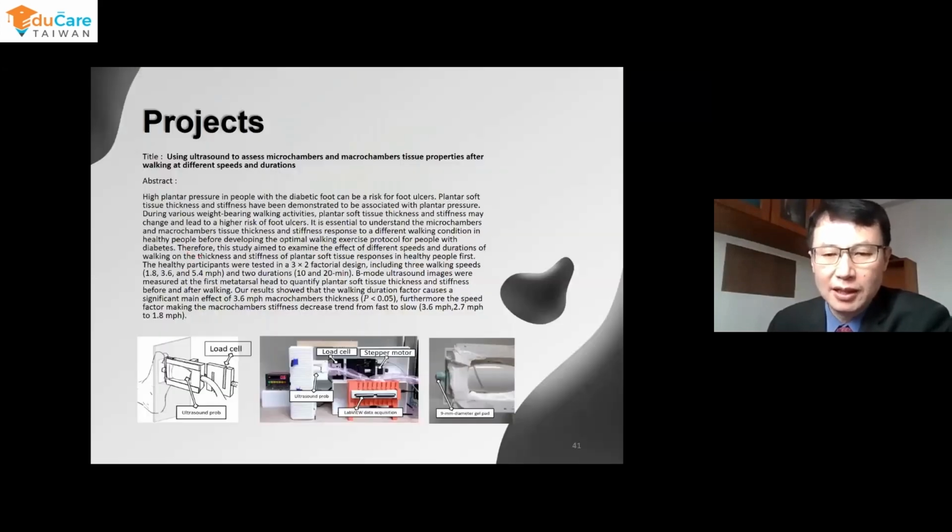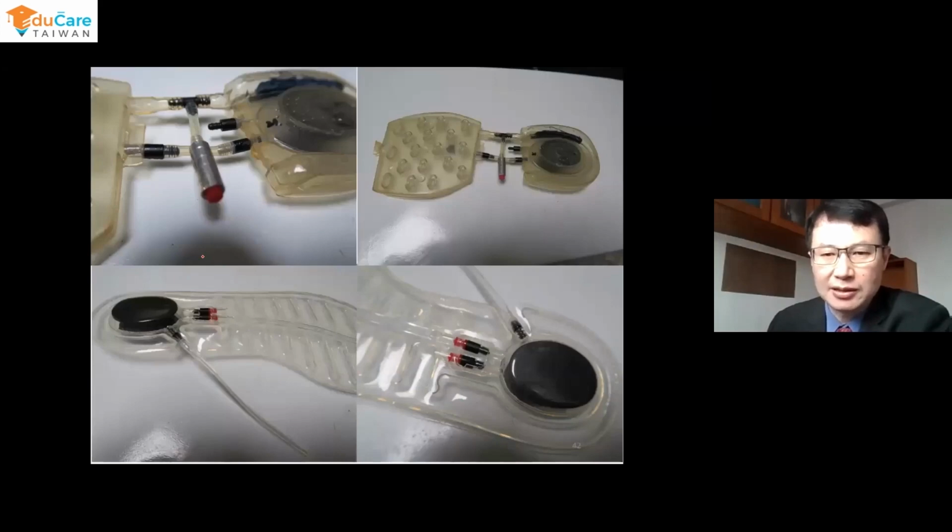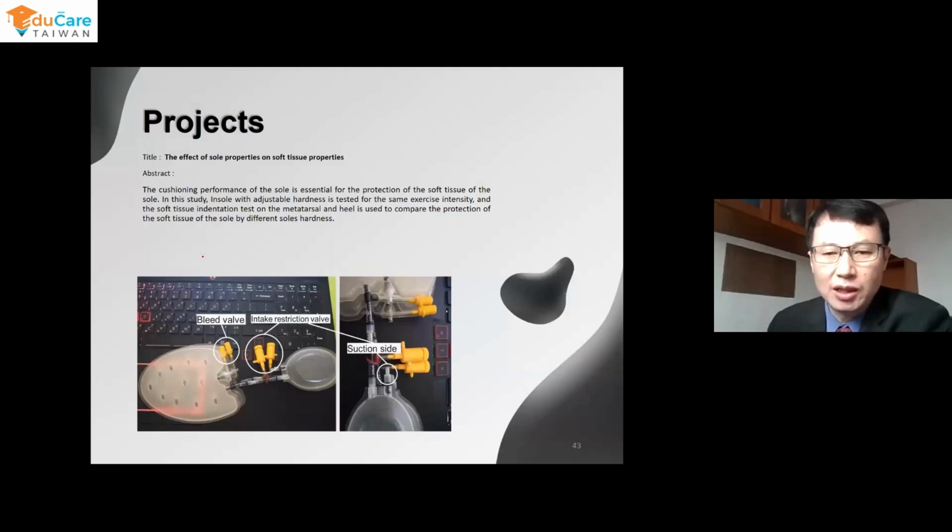So right now in our project, as I said, we will use ultrasound to detect the plantar pressure. After we get the result, maybe we can use an air insert to decrease the pressure or average the plantar pressure.